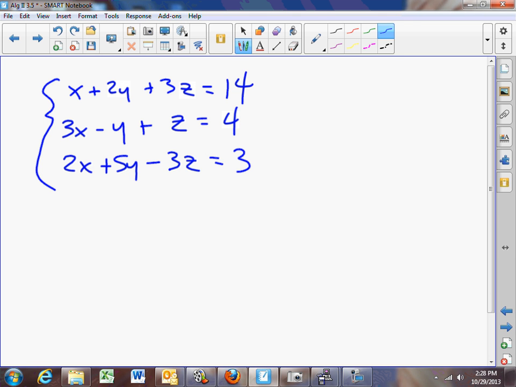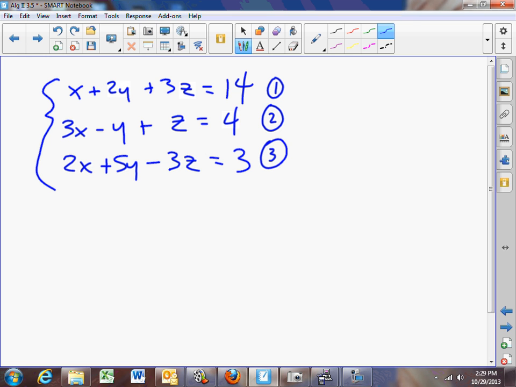Now, the method we're going to use is very like elimination for 2 variables. But there are a couple of things that I really want to emphasize here. First of all, you must use each of the equations at least once in eliminating a variable.